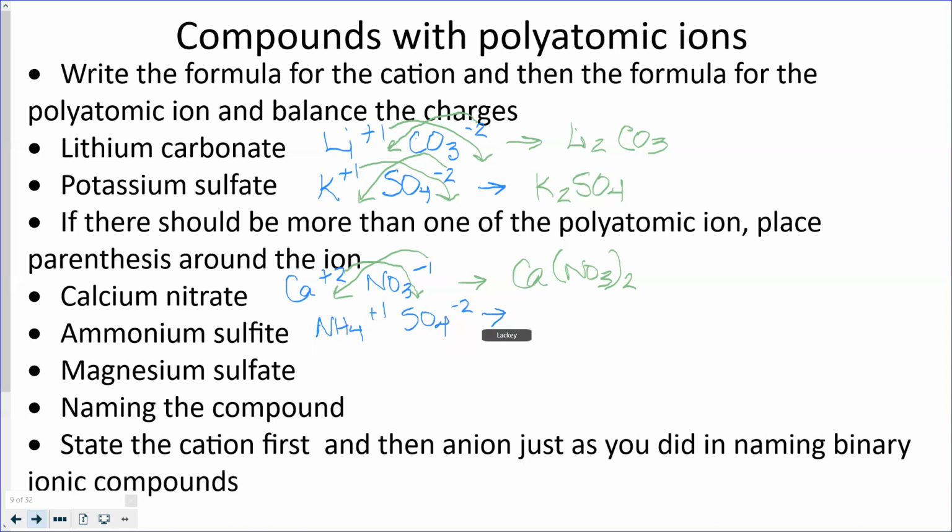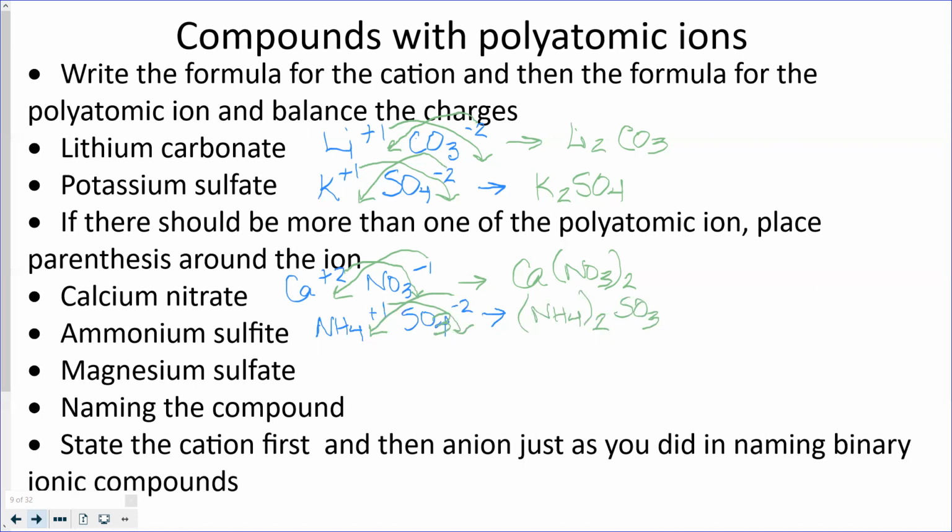Whenever we crisscross these, the ammonium, the NH4, gets the subscript of 2 from the sulfite. I miswrote that, it should say SO3. And then sulfite, the SO3, gets the subscript of 1 from the ammonium, so we don't have to add anything to it. But I wanted to bring that one up because that's your only positive polyatomic. All of the others are going to be anions.